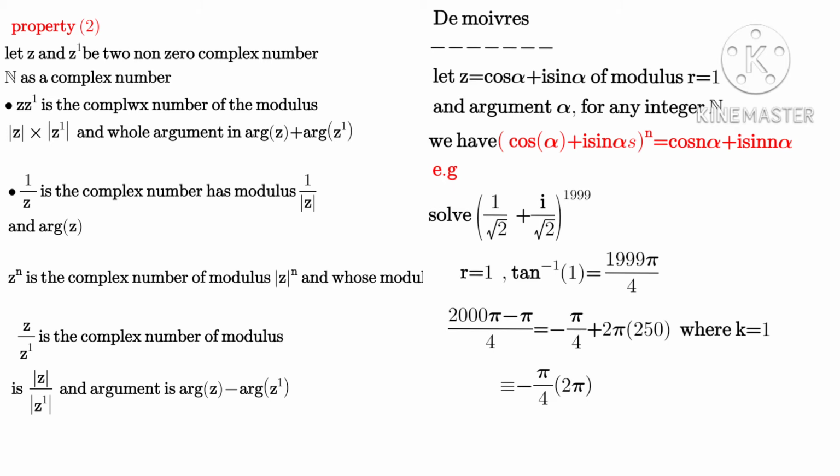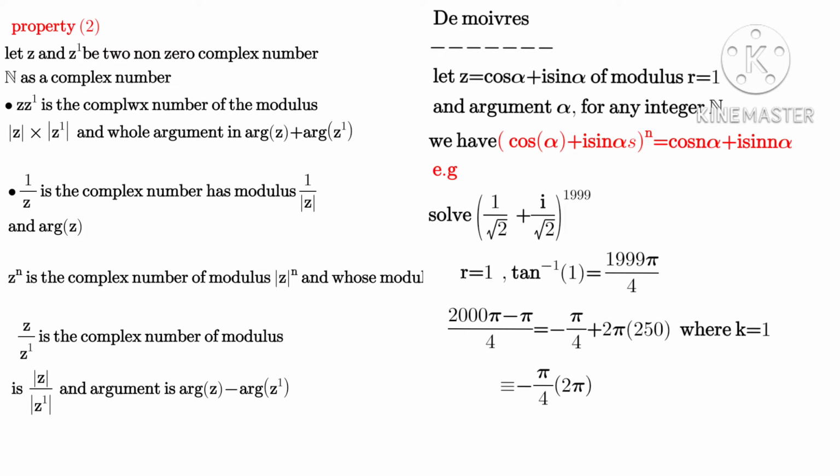Then from De Moivre's theorem, we are asked to solve 1 over root 2 plus i over root 2 raised to power 1999. So from this case, we have our r, that is our modulus, to be 1. So we take the inverse tan of 1. Inverse tan of y over x, when you take 1 over root 2 over 1 over root 2, will give us 1, which is still the same thing as pi over 4.